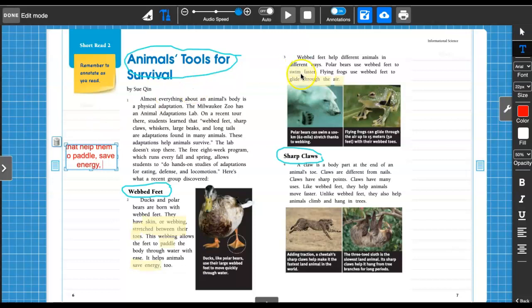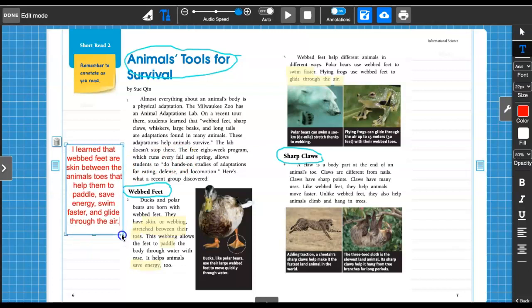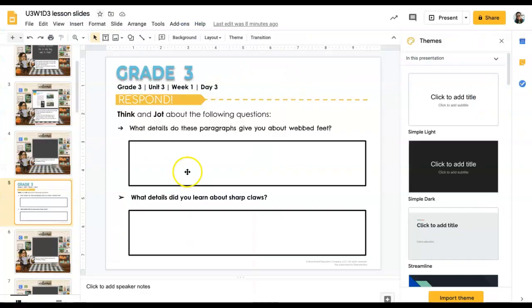What else up here? It says swim faster and glide through the air. And that's how I answer that question. So I would type this into this box.